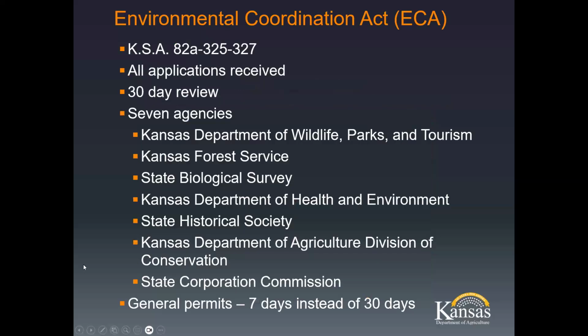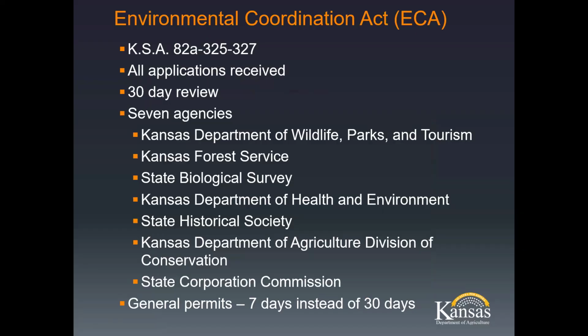So why does it take so long sometimes to get a permit? Well, there's this thing called the Environmental Coordination Act. 82A 325 and 327 says all the applications that the Division of Water Resources receives have to go through a mandatory 30-day review.